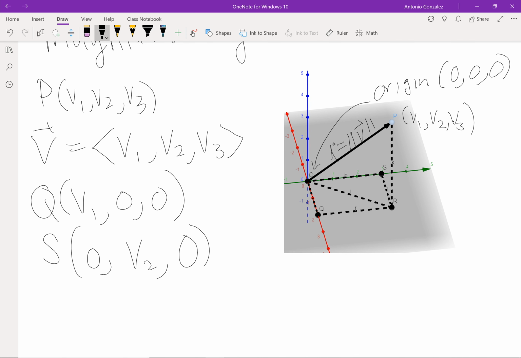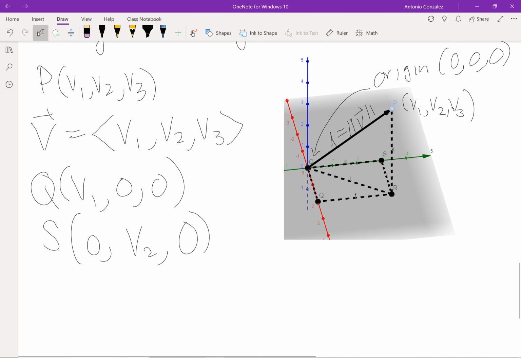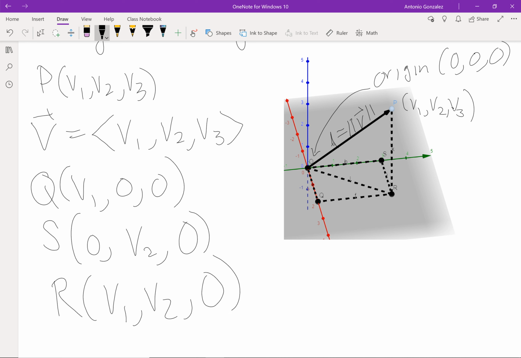Then the point P is right there, V1, V2, V3. The other point we see there is R, and that plane is the XY plane, so in this case that would be V1, V2, and then Z would be 0.